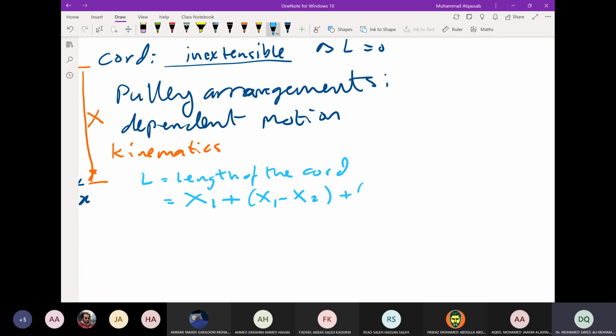So plus x minus x2. Now, if you open the brackets, you will get 2x1 minus 2x2 plus x.